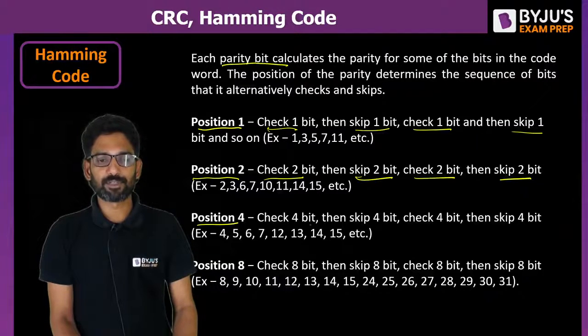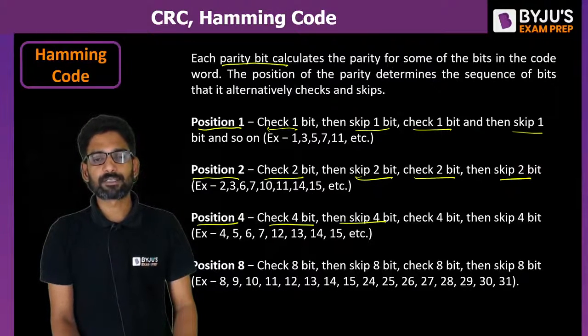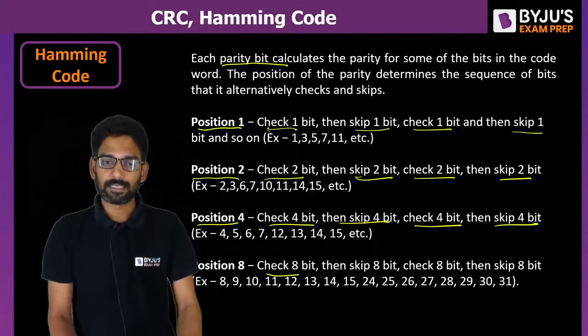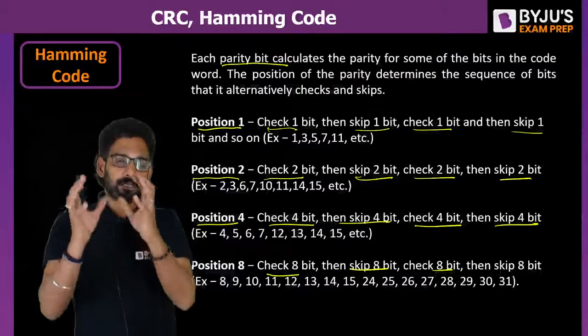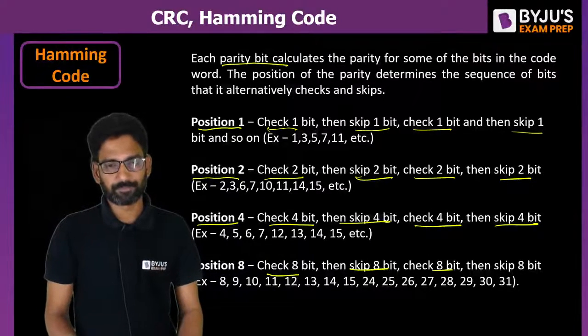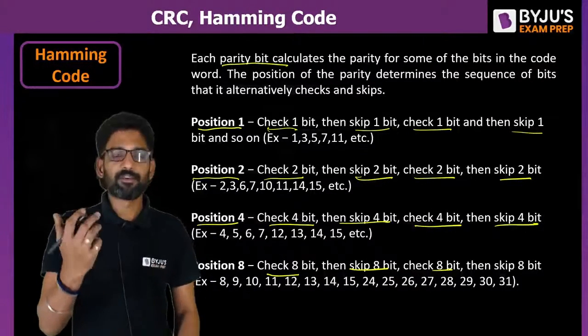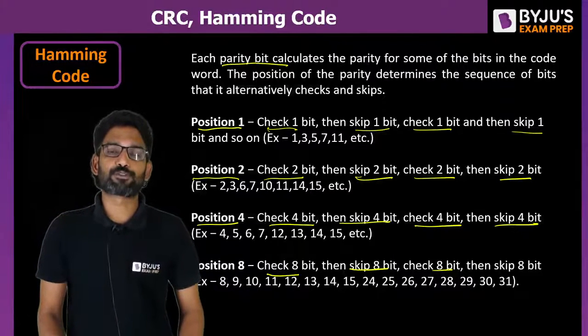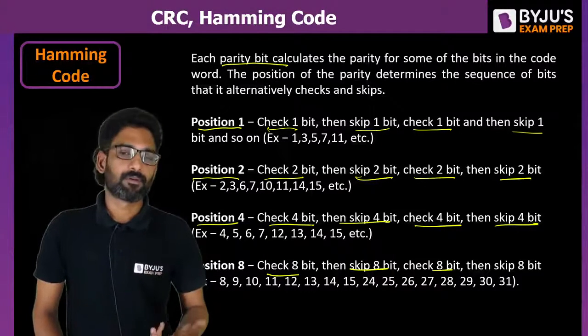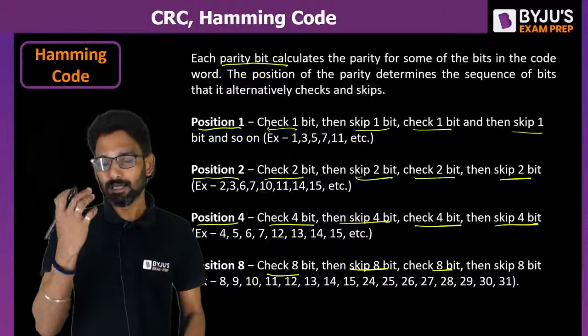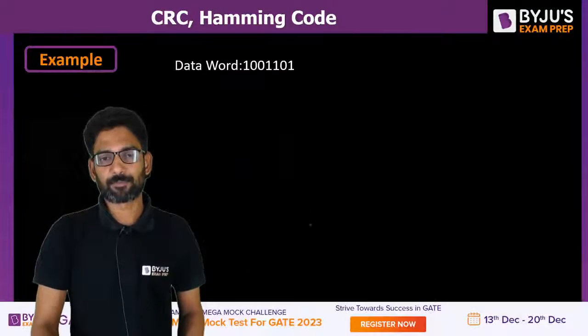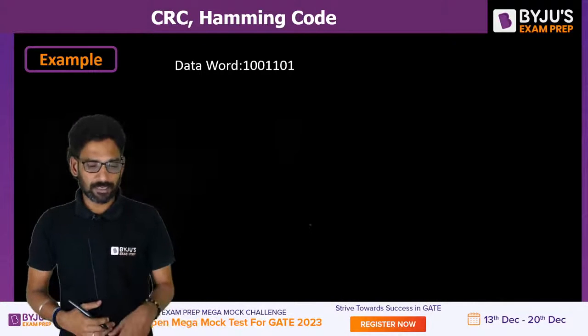Similarly, for position 4, check 4 bits, skip 4 bits, check 4 bits, skip 4 bits. Position 8, check 8 bits, skip 8 bits. In that way, we have to consider certain position bits. Then we find the XOR among those bits, and we place the resultant values in the redundant bit positions. Let us understand this with one example.